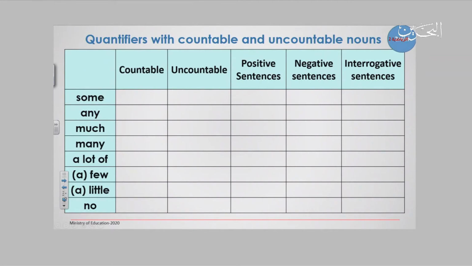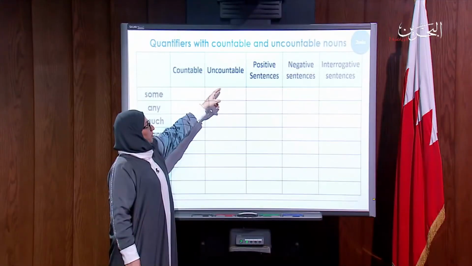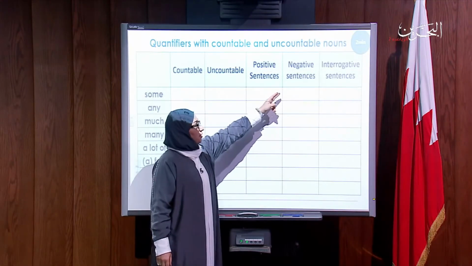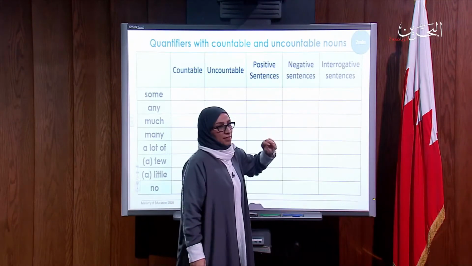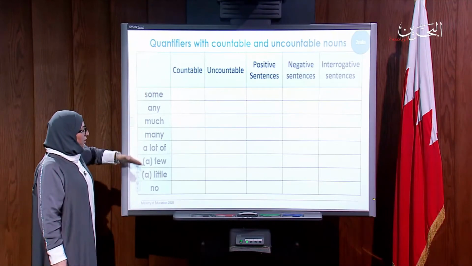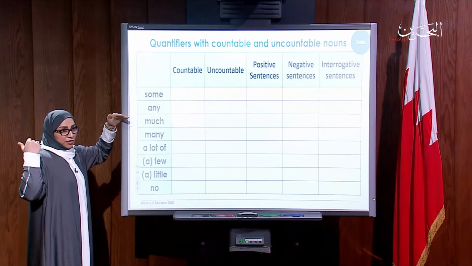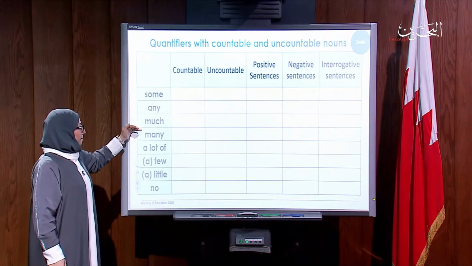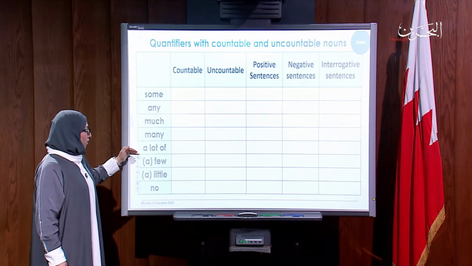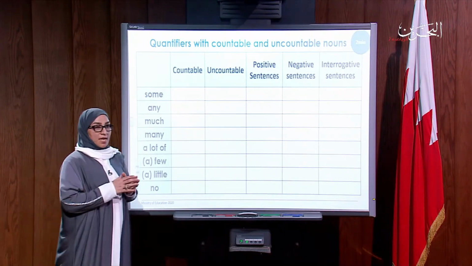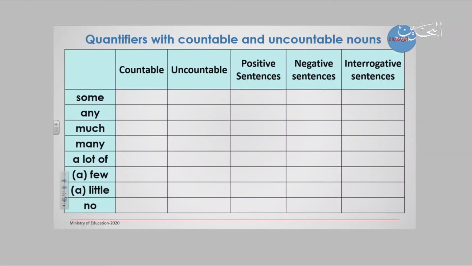You have a table here with columns: countable, uncountable, positive sentences, negative sentences, interrogative sentences, which are the questions. Here are the quantifier words I already introduced in the previous slide: some, any, much, many, a lot of, few, little, no. I'll give you 2 minutes to try to choose the right column.